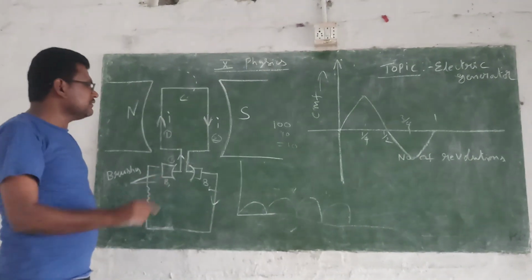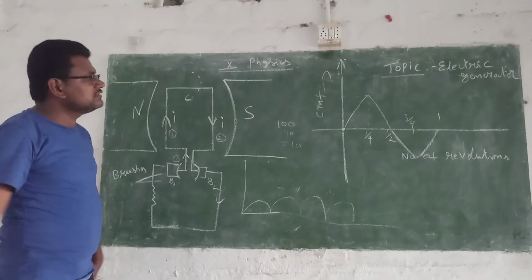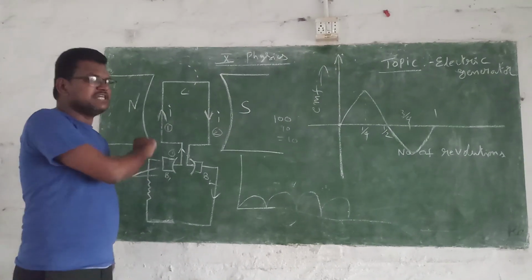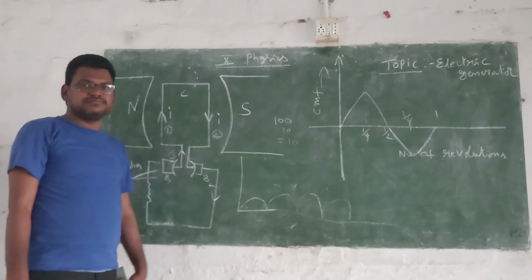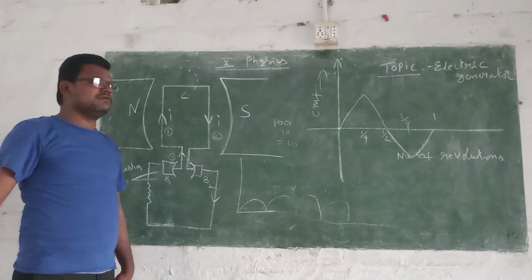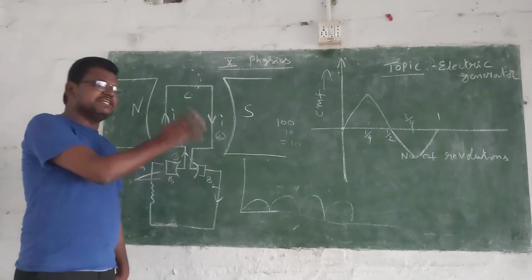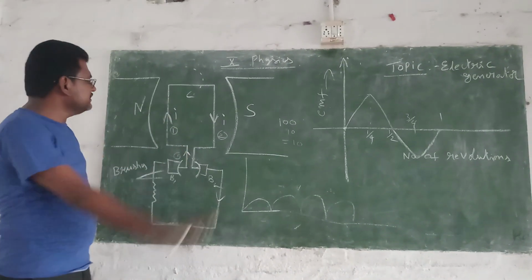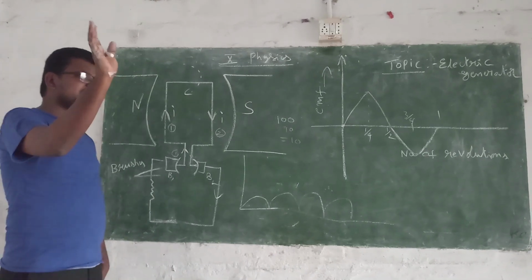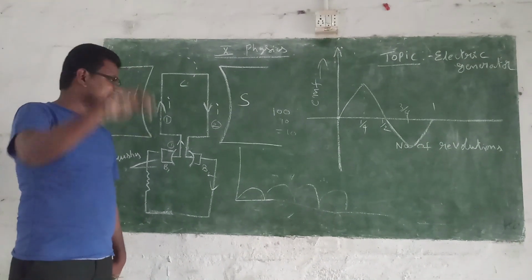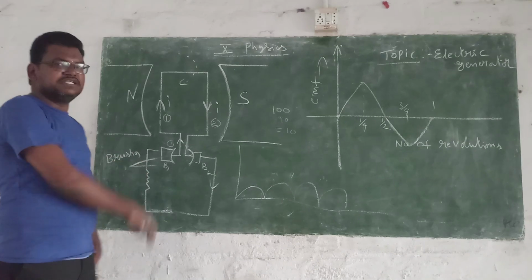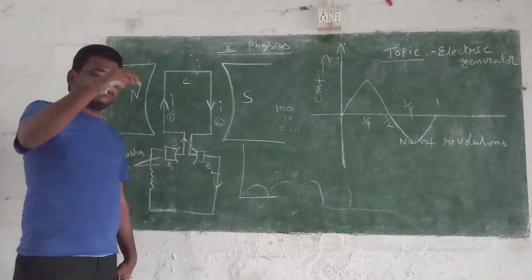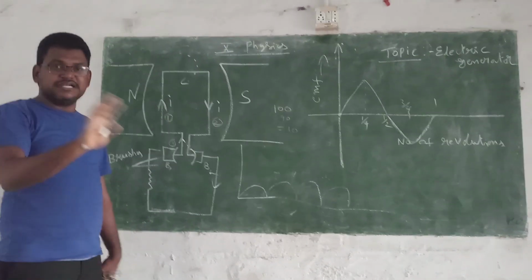So that is a DC generator, and its frequency is 0. So this is briefly the working of the AC generator and DC generator. In the AC generator, after the half rotation the current direction changes, but in the case of a DC generator, after the half rotation the current direction does not change.